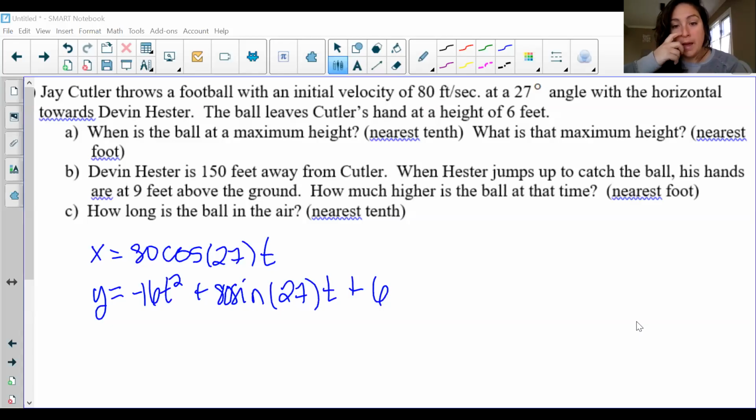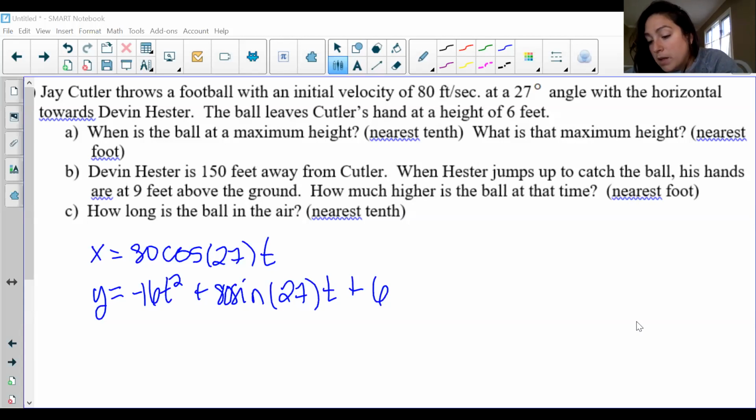Okay, so now when we go to answer A, where is the ball at a maximum height? I'm going to hit trace and just scroll until it looks like I'm at the highest. Right now I'm at y equals 25.8, 26.5, 26.6, and there we go.